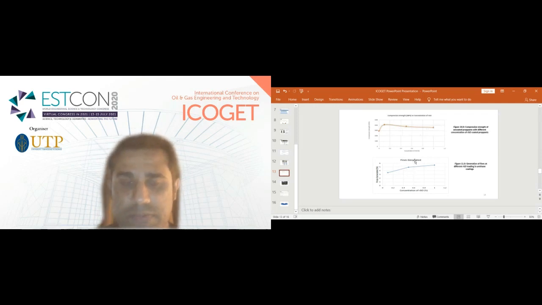For fine generation, we can see that as the carbon content is increased, the fine generation is also increased.